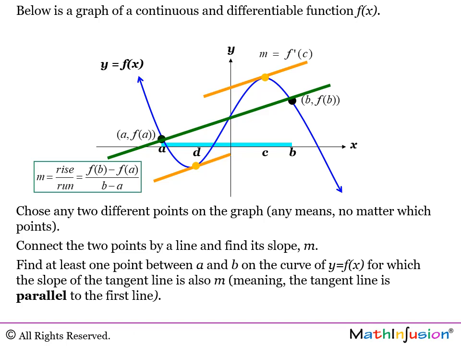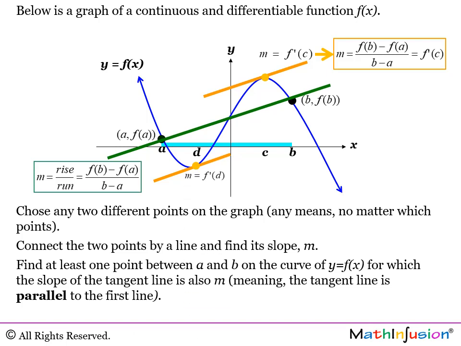It means that m equals f prime of c. It means that m, which is also (f(b) minus f(a)) over (b minus a), equals f prime of c.